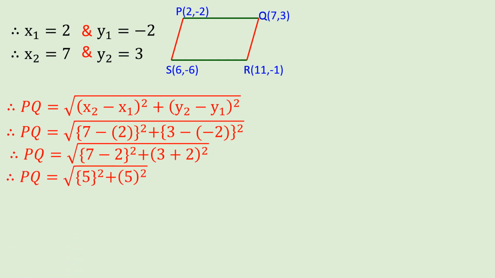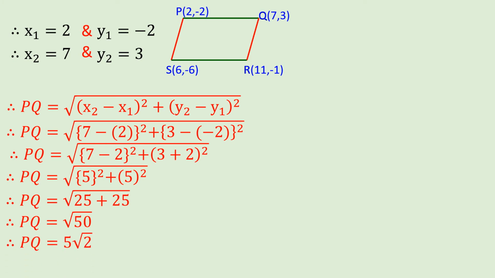Further simplifying, you will get 7 minus 2 whole square, which will become 5 square, and 3 plus 2 will become 5 square. PQ will become root of 25 plus 25, which is root 50. Again we convert it into mixed surd form, and the length of side PQ is 5 root 2. Let us take it as one.